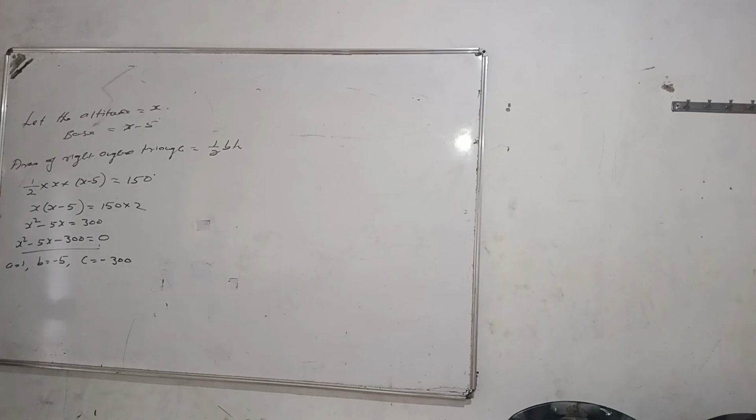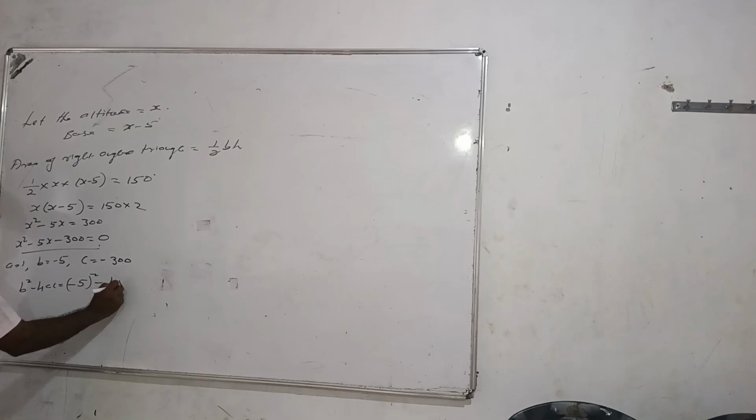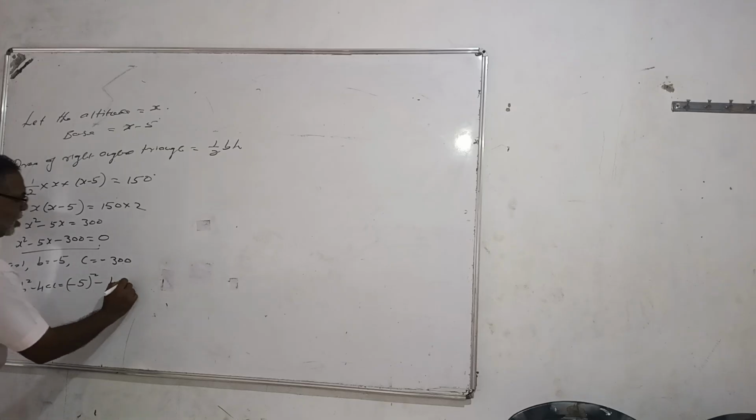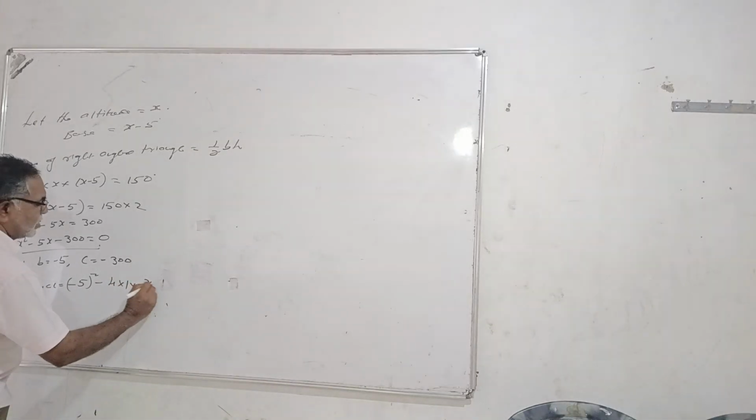So it is b square minus 4ac. B square minus 4ac equal to minus 5 square minus 4 into a means 1 into minus 300.